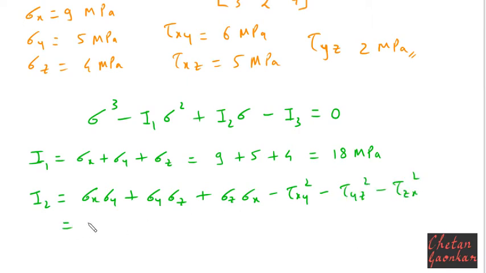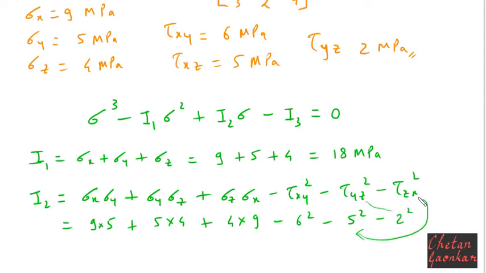So once I start substituting all these values, this will be 9 multiplied by 5 plus 5 multiplied by 4 plus 4 multiplied by 9 minus 6 square minus 5 square minus 2 square. In fact, this should have been 2 and then this will be 5, right? This is 5 and this is 2. Okay, so once I start solving this, I will get this value as 52 megapascals.